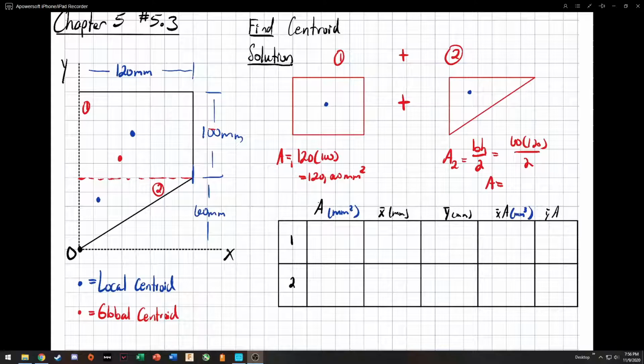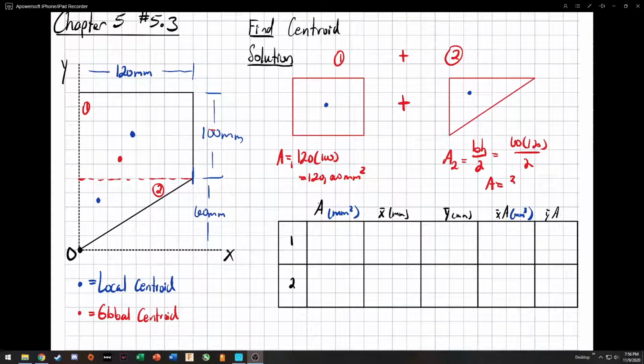Our area for that one should be 3,600. Yep, 3,600 square millimeters. Now I'm going to write that out a little bit nicer for us to see. So our area for 1 is 120,000 square millimeters. Our area for 2 is 3,600 square millimeters.